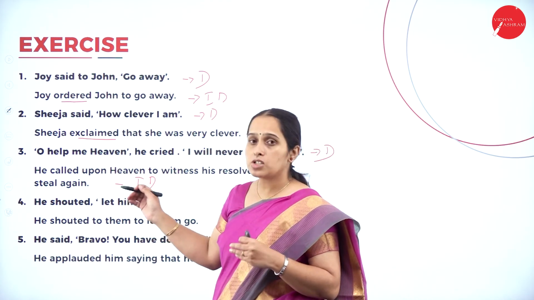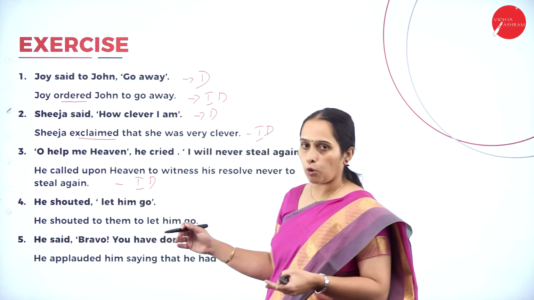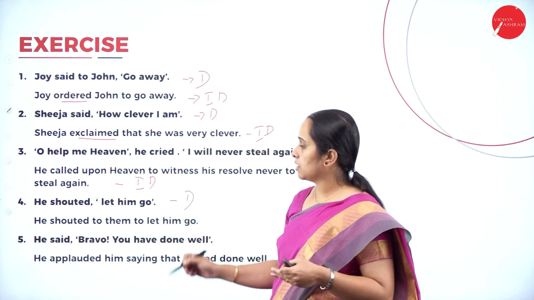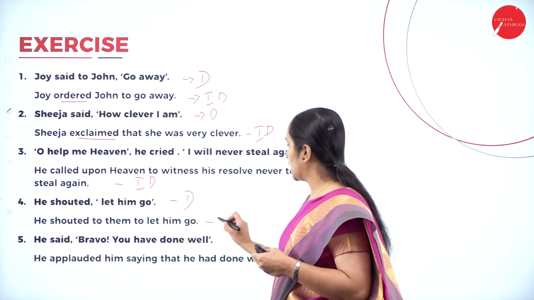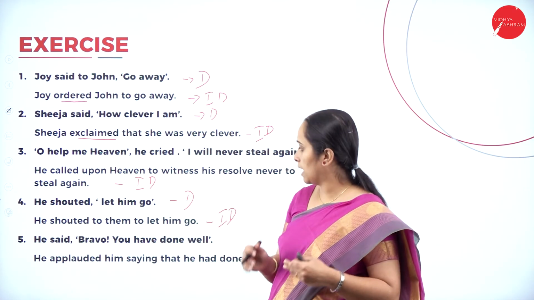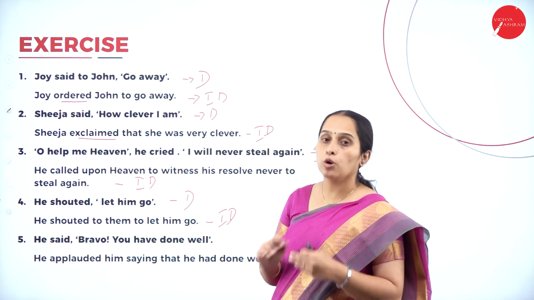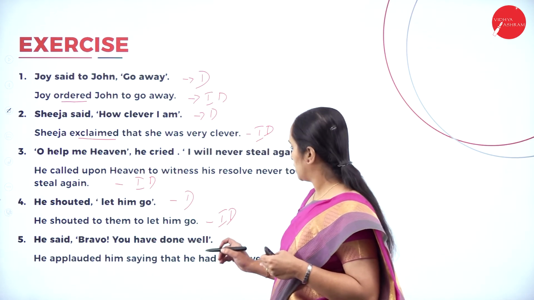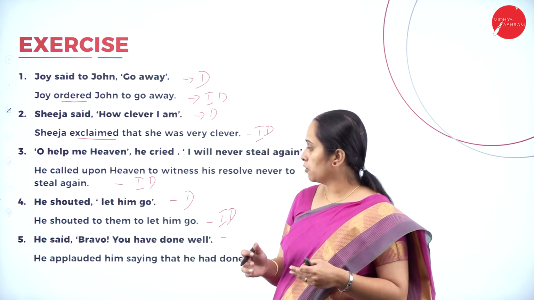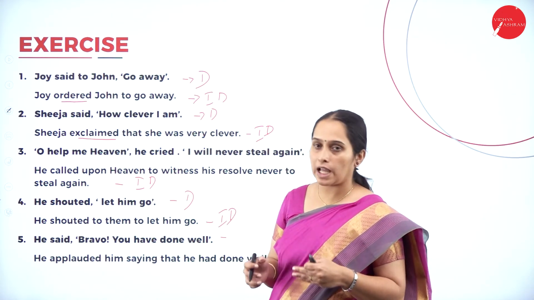Next, he shouted, "Let him go." So, that is the direct speech, and in indirect speech, it's like this: He shouted to them to let him go. Next, he said, "Bravo, you have done well."